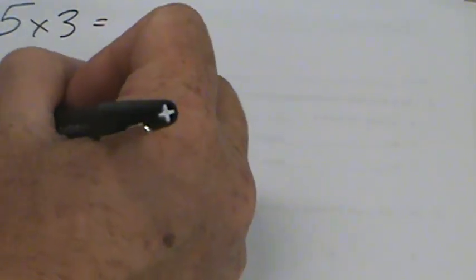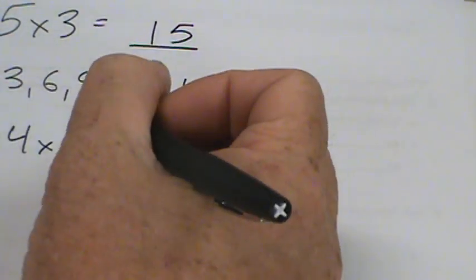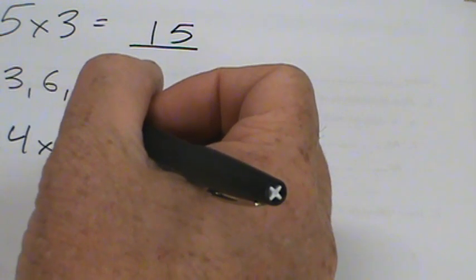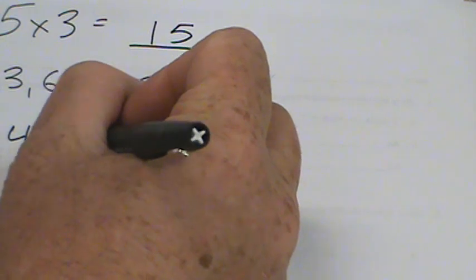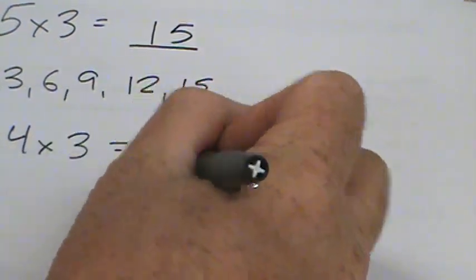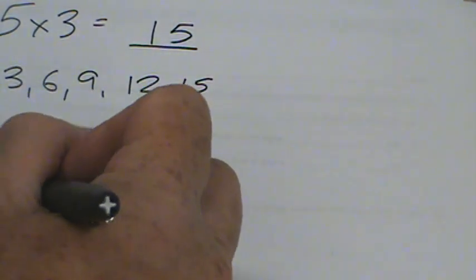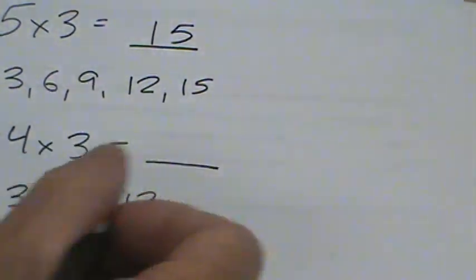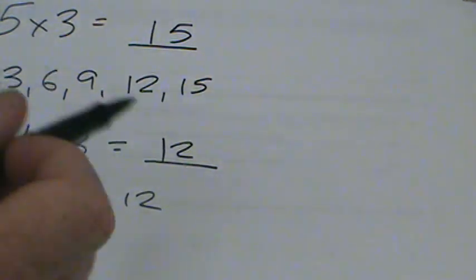Let's try 4 times 3. And we'll skip count for that as well. We'll go 3, 6, 9, 12. We could have gone backwards too, couldn't we have?